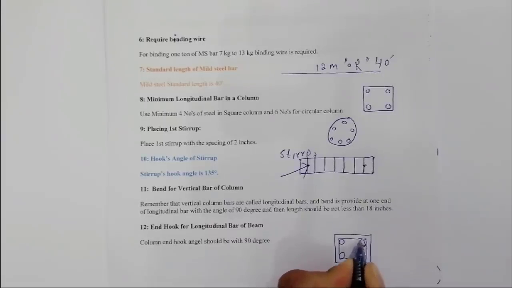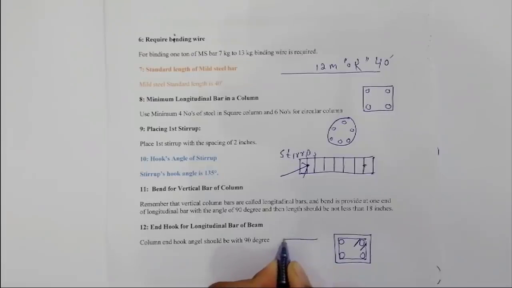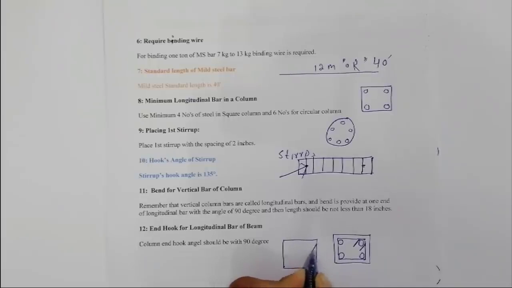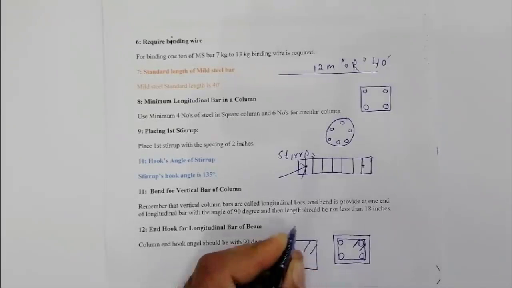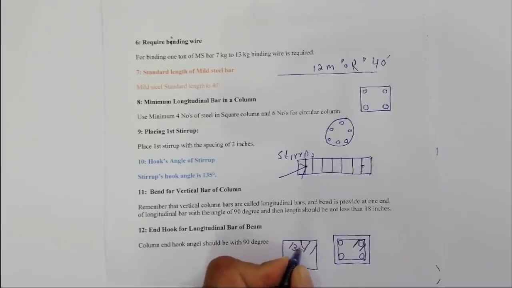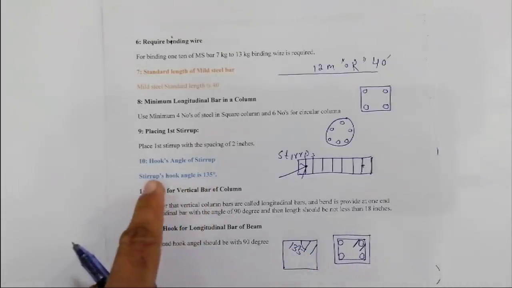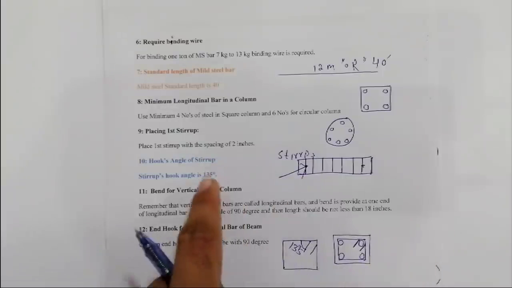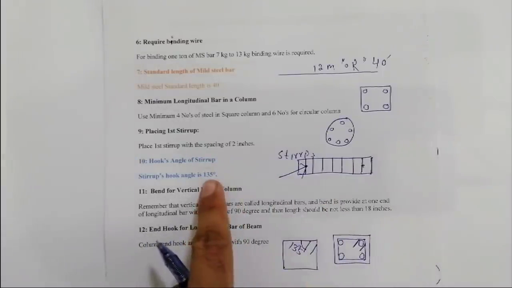So this is the hook. Okay, you can see this is a diagram for the hook. So it should be 135 degree. The hook should be bent with 135 degree, right? Stirrup's hook angle is 135 degree. It should be not more than 135 or less than 135 degree.